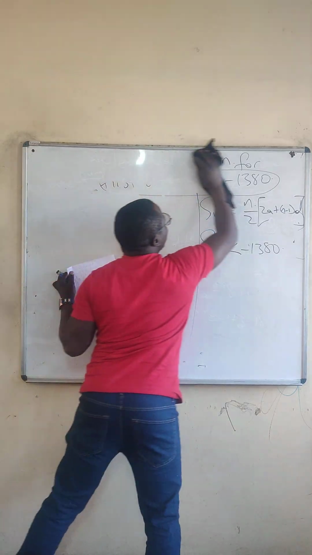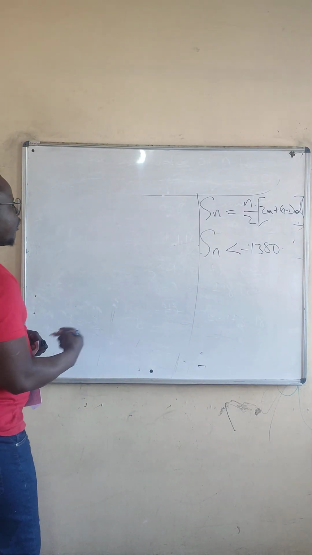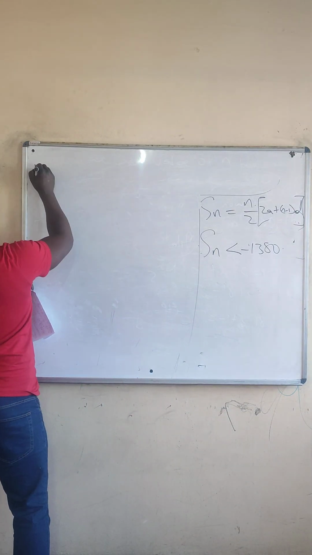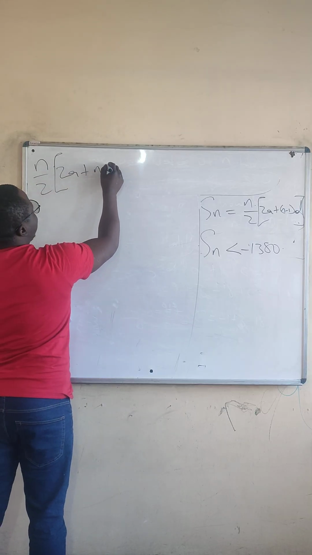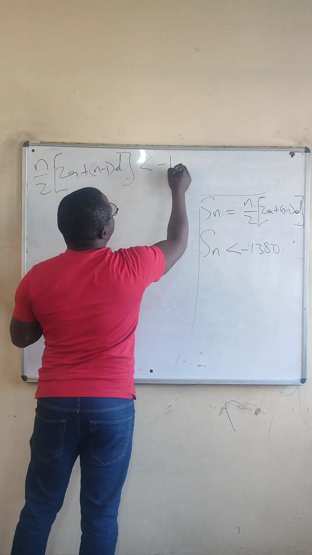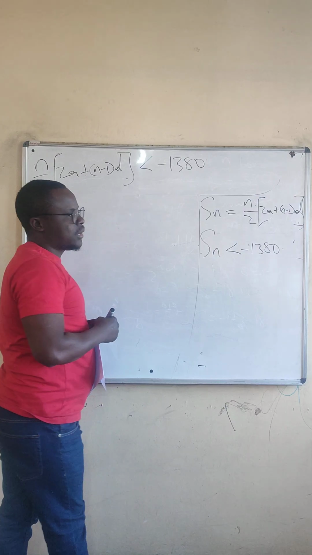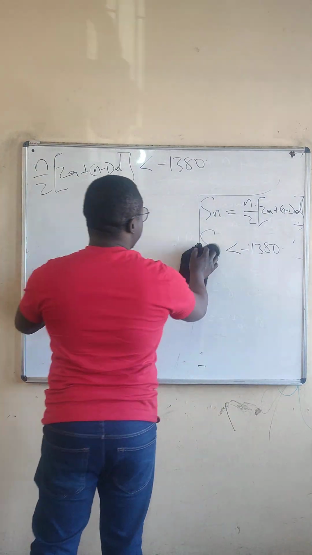Our first calculation is going to be n over 2 times 2a plus n minus 1 with a d is less than negative 1380. This is how you are supposed to start this question. Let's go ahead and solve.